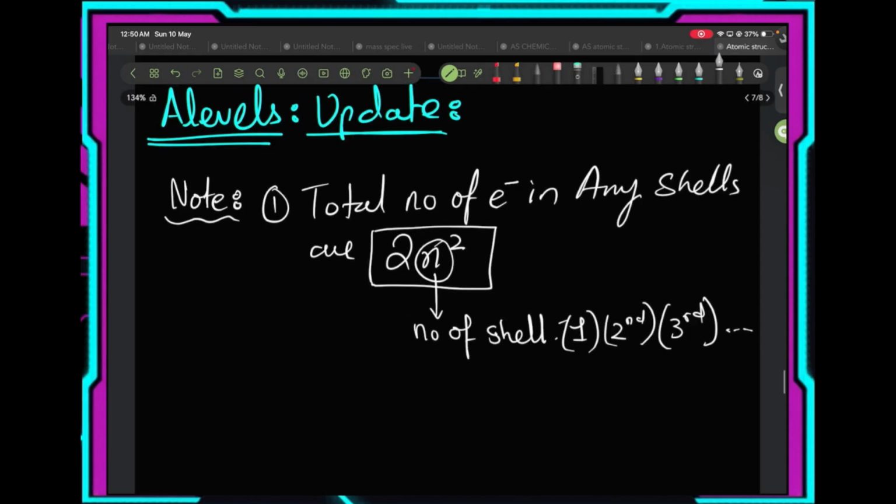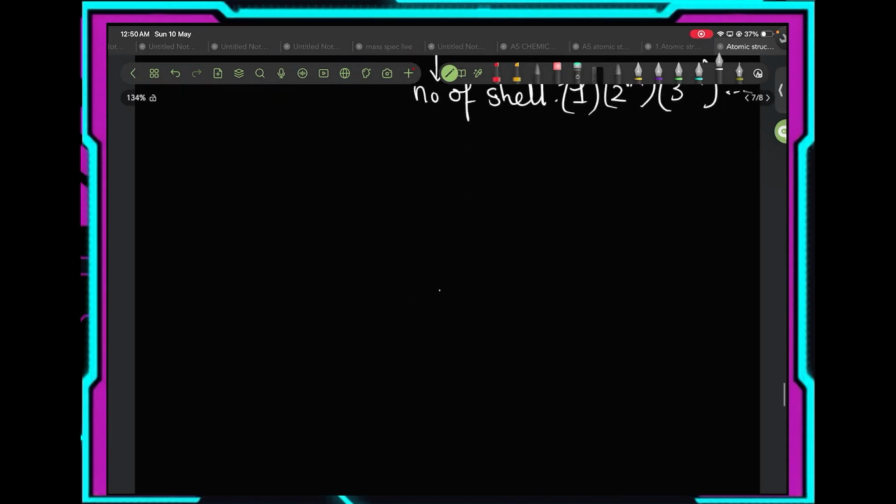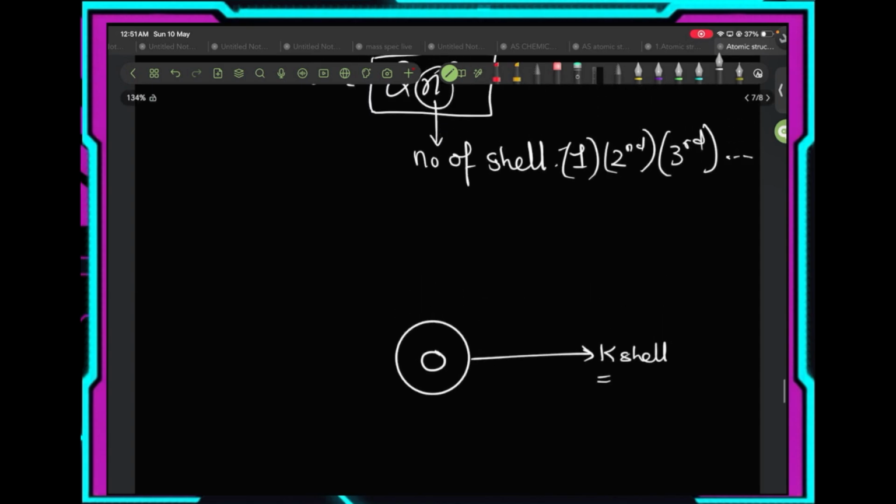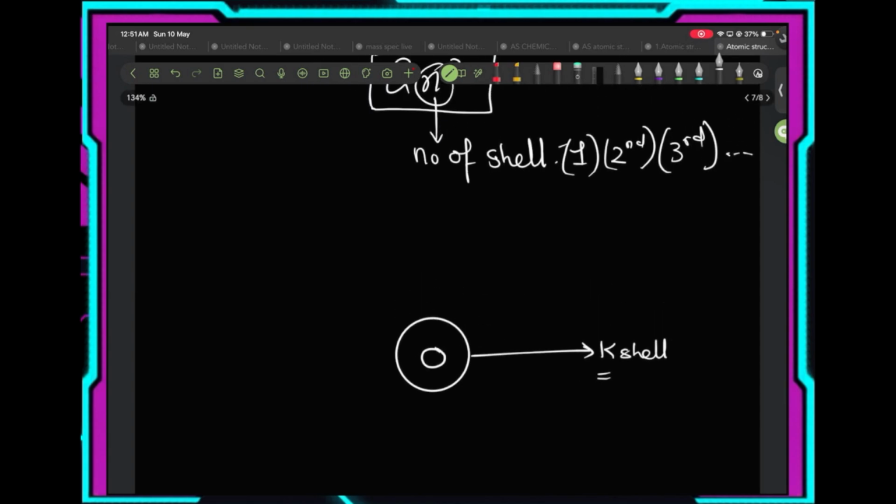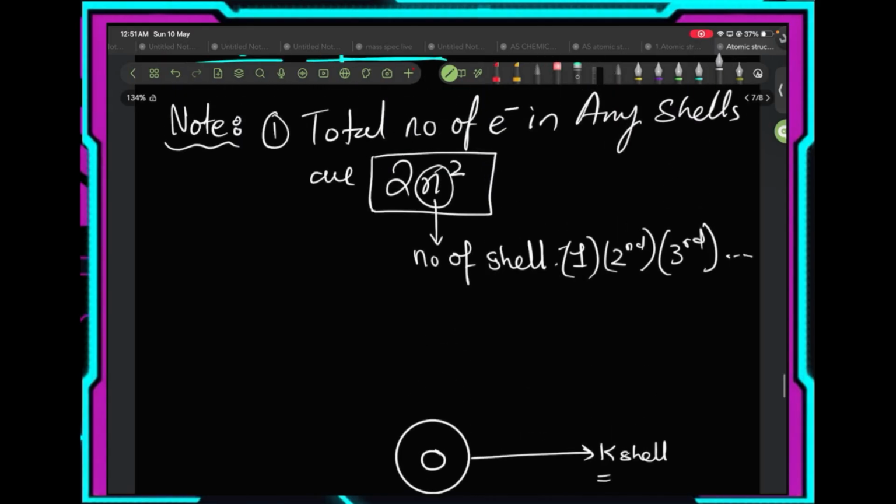Right? So let's now make another electronic structure and find out how many electrons this first shell should have. This shell is the K shell, the first shell. How many electrons should the first shell have? Now you don't use the memorized value, you calculate it.